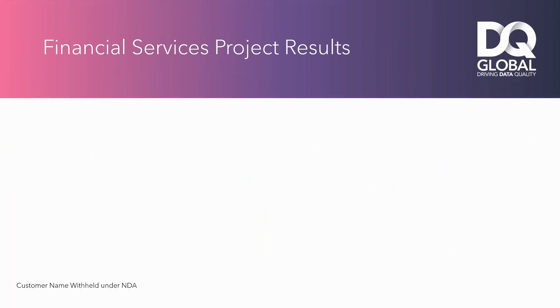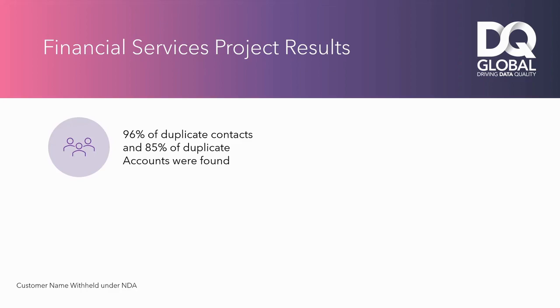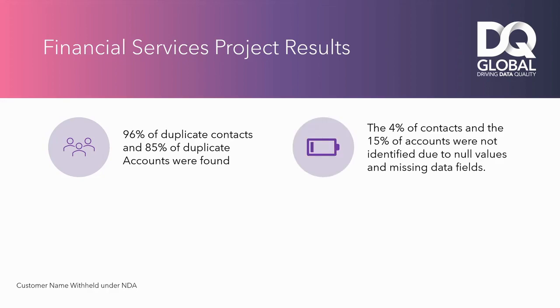Finally, just wanted to walk through some project results from another client that we've been working with. They have a proof of concept that they ran, and they found that 96% of duplicate contacts and 85% of duplicate accounts were found when using our cleanse and search APIs.